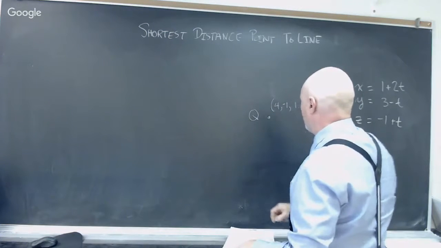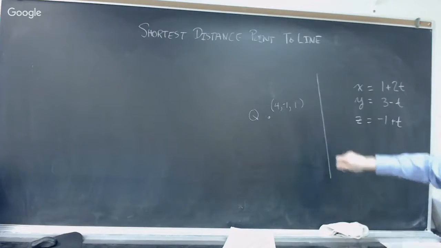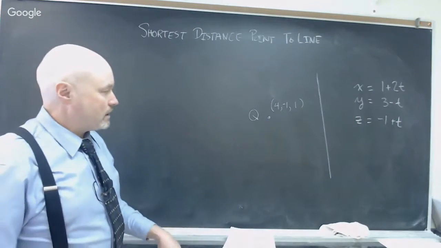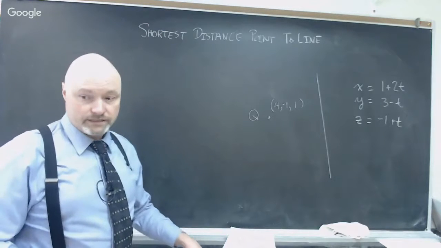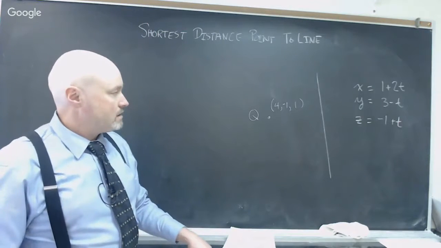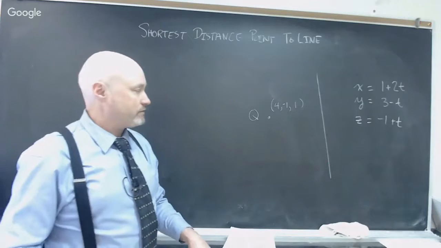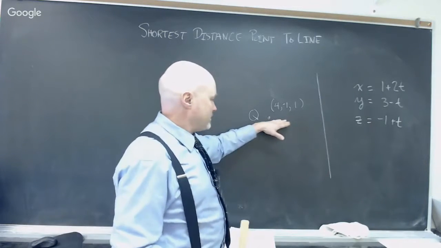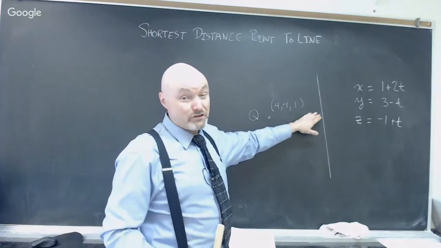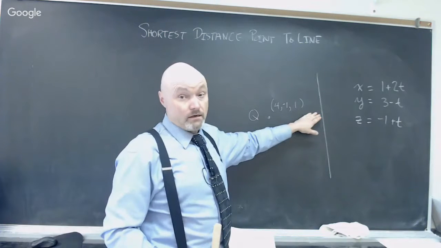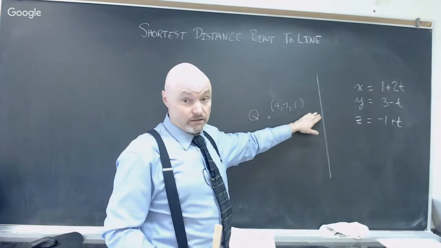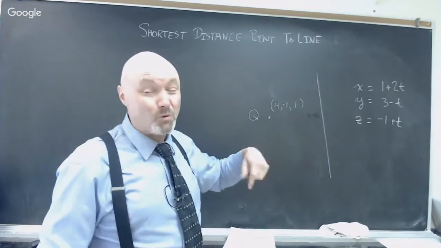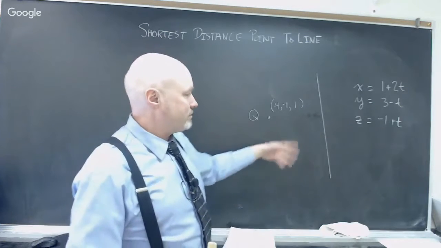So there's our point Q. This is our line in 3D. And I gave you a little example of, well, it was actually exactly this example. And the problem that we have is that there is no unique normal vector to this line. So there are a whole bunch of normal vectors that basically aren't parallel to each other.